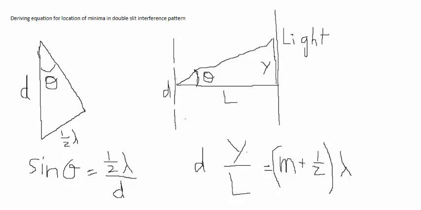But the main point here is that for finding maxima, instead of having an integer and a half wavelengths of difference, we're going to have exactly integers of difference in path length. So I'm going to get rid of the halves here.